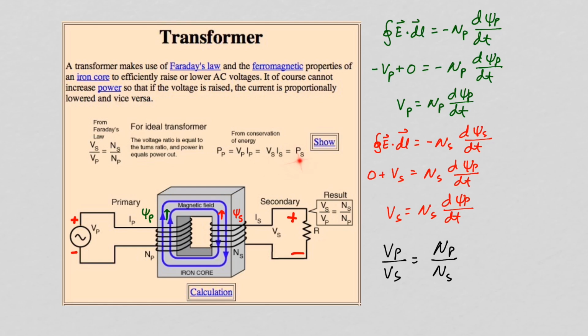So the ratios of the currents in the primary and secondary of the transformer become I_p over I_s is equal to the number of turns in the secondary over the number of turns in the primary. So by whatever factor you step up the voltage from the primary to the secondary, you step down the current from the primary to the secondary.